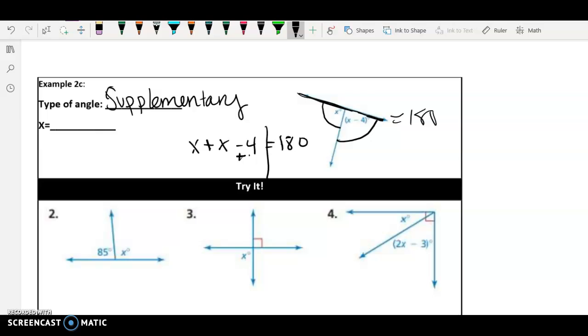So we're going to add 4 to both sides. And 184 equals 2x. Now I'm going to divide by 2. I got 2x because there's 2 x's here. Divide by 2 on both sides. So we get x equals 92. So x is 92.